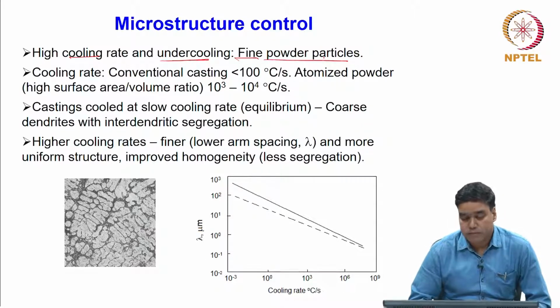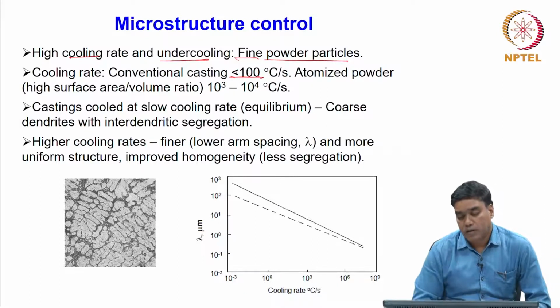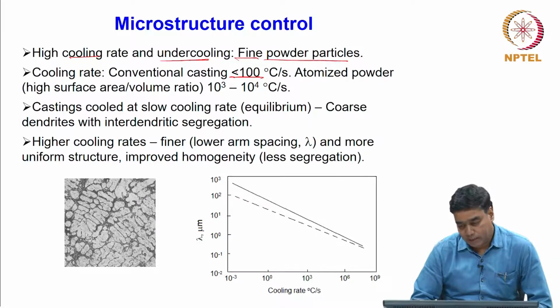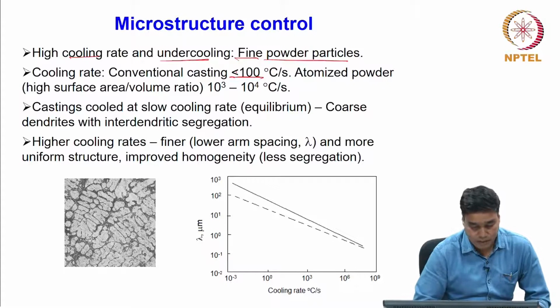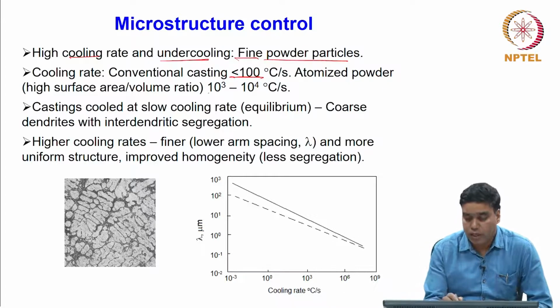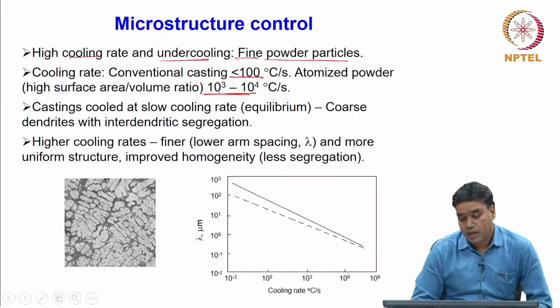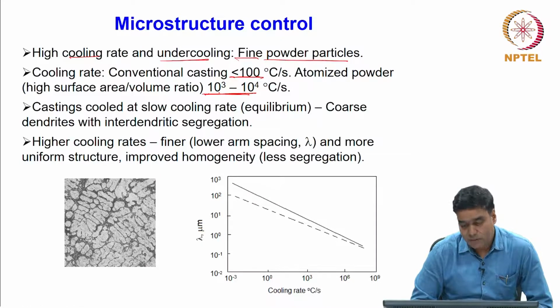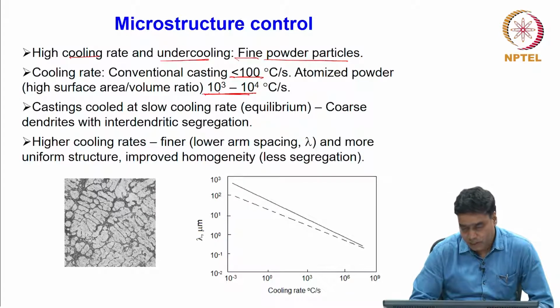Cooling rate, if you consider the conventional casting process, is quite low, 100 degrees Celsius or less. On the other hand, these atomized powders due to their high surface area to volume ratio can generate high cooling rates. Okay. So, this is a conducive condition. This is good for generating powder particles having refined microstructure.